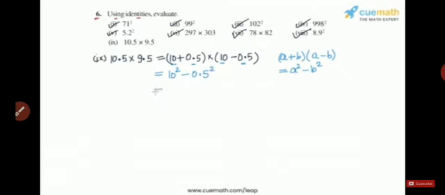Then we get 100 minus 0.25 and get the answer 99.75.